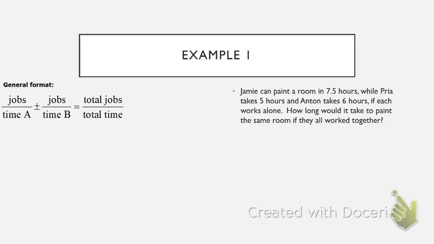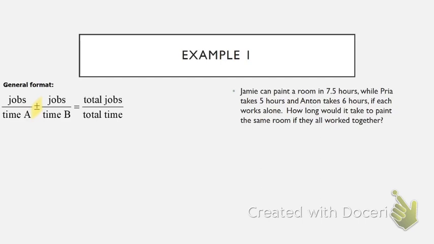All right, so there's our formula to the left. You don't really have to get bogged down in the formula. What we're going to have here is multiple people or things working together to finish a task. If you notice in my formula right here, I have plus or minus.